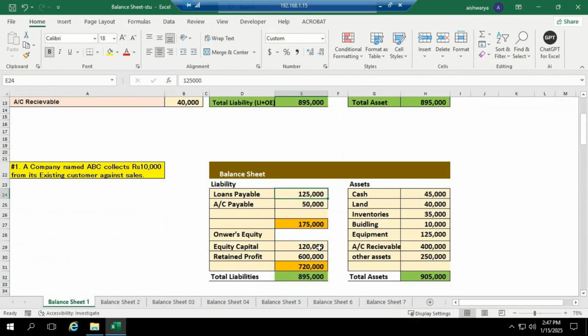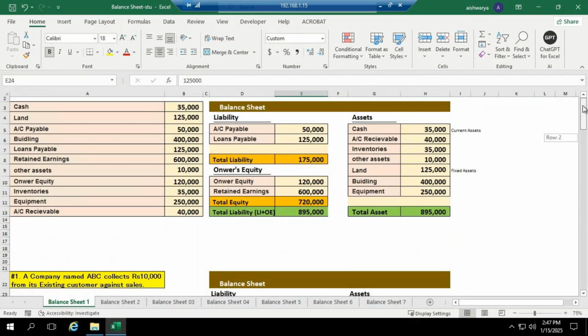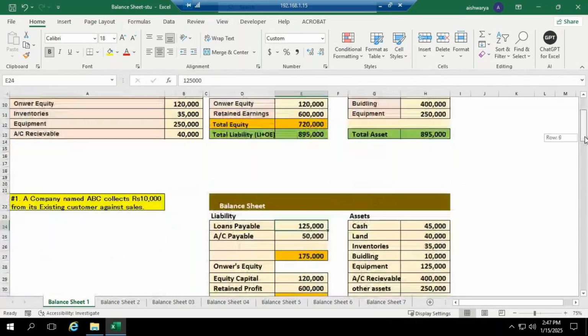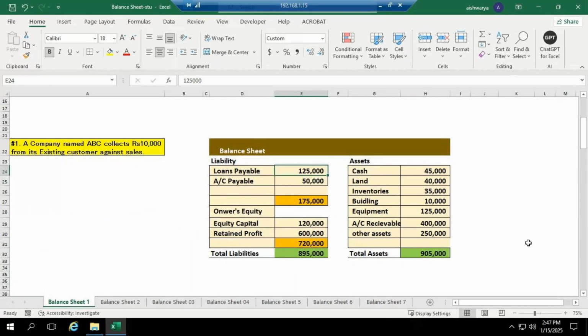So that means collects rupees 10,000 from its existing customer. So here also we have to include plus 10,000 because we need to pay, right?